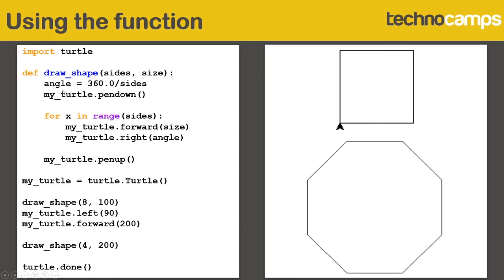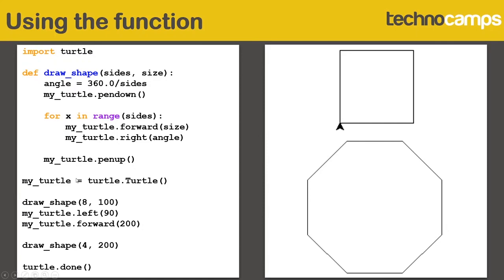Inside this function, we calculate the angle by dividing 360 by the number of sides, which is a parameter in the function. And then we tell the turtle to put the pen down. So we put the pen down here. And then we draw the shape. And then we tell the pen to come up. So once we've completed drawing this shape, we lift the pen up. And that will become important in a second. So that is our completed function.